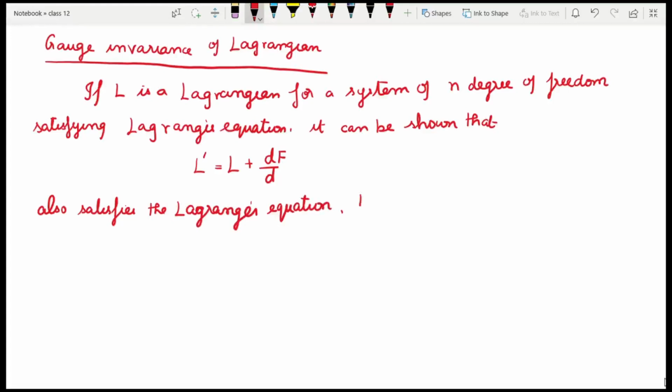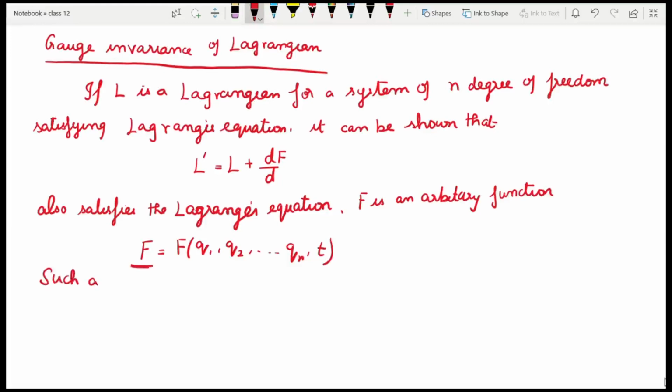Here f is an arbitrary function given by f is equal to f of q1, q2 up to qn, comma t.